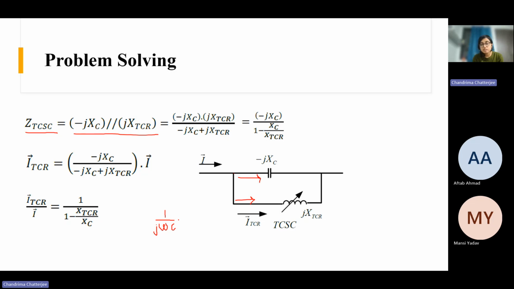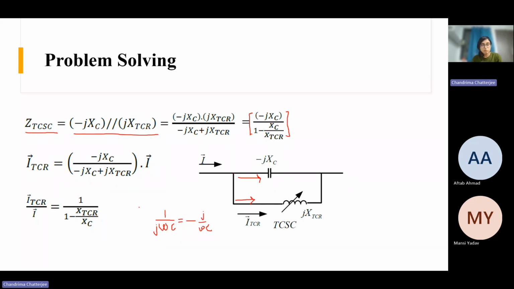And if you just take the j in the numerator, then it will become minus j by ωC. That's why here it is written minus jXC. And this is the expression. Finally, of the equivalent impedance, the net impedance of the TCSC unit.